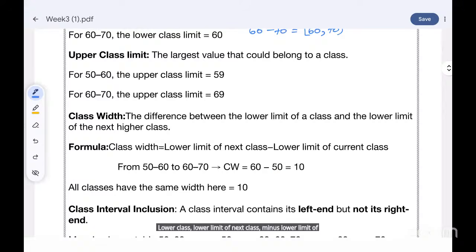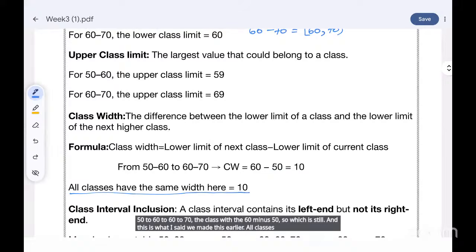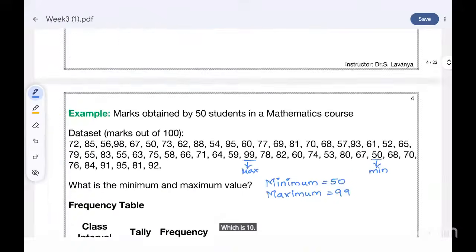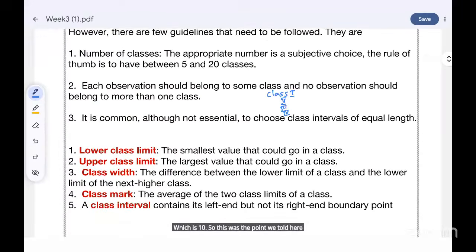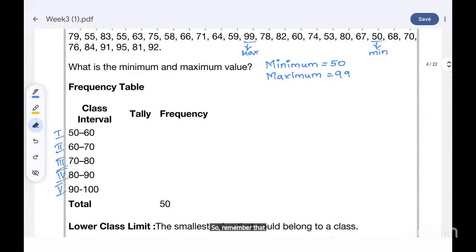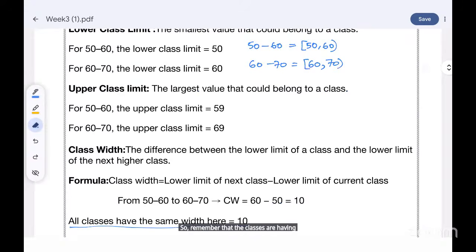So for 50 to 60 and 60 to 70, the class width is 60 minus 50, which is 10. All classes have the same width, which is 10. This was the point we told as a guideline: all class intervals are of equal length. So remember that the classes have interval length 10 here.